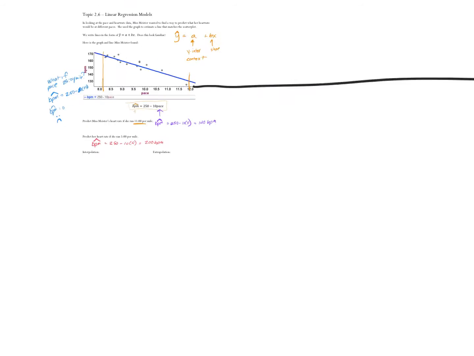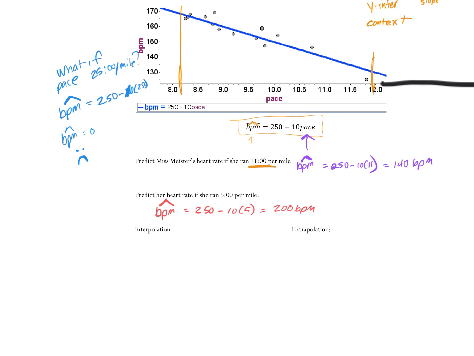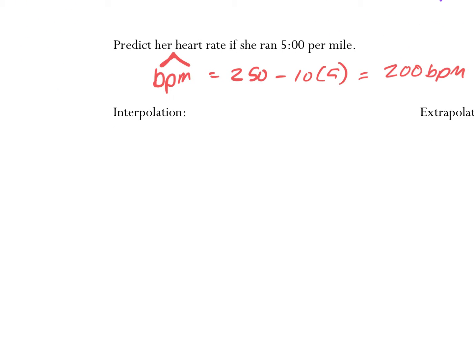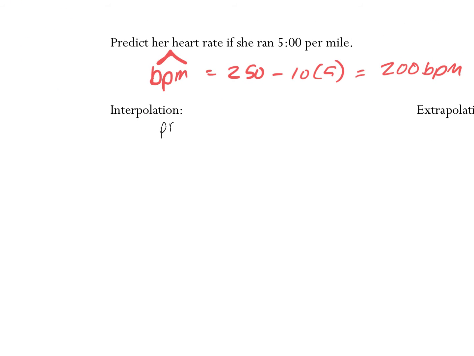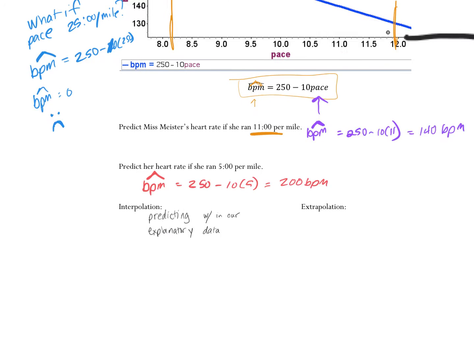All right, so when we interpolate, interpolation's this fancy word, and in that first question, the 11-minute mile, we predicted within our explanatory data. Inside.